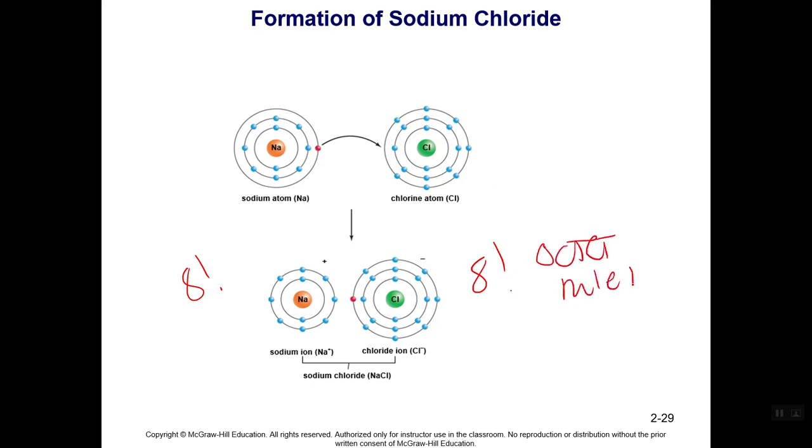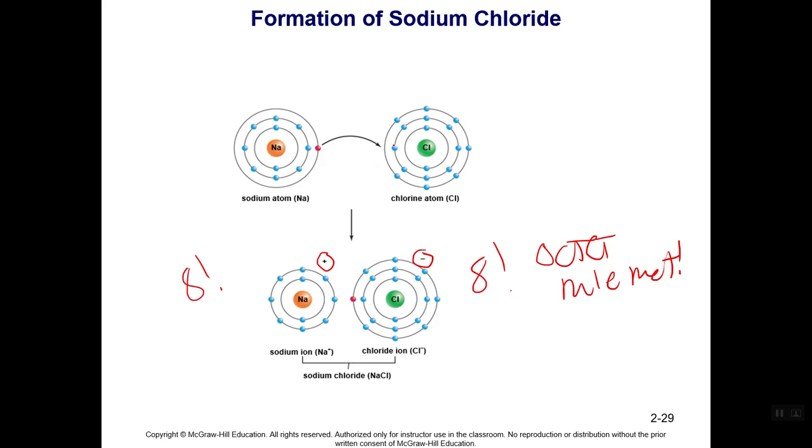Now, what about this stuff up here? We see this little positive sign, and we see this little negative sign. Well, when sodium donated a negative charge, it became more positive. Because it has now more positive charges than it does negative charges.